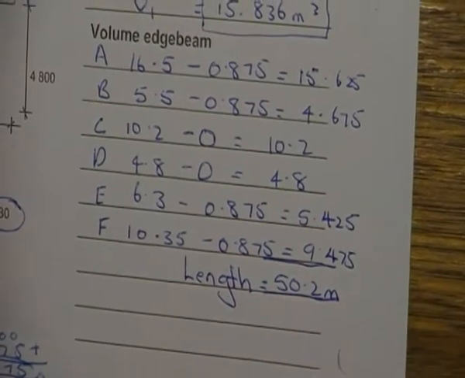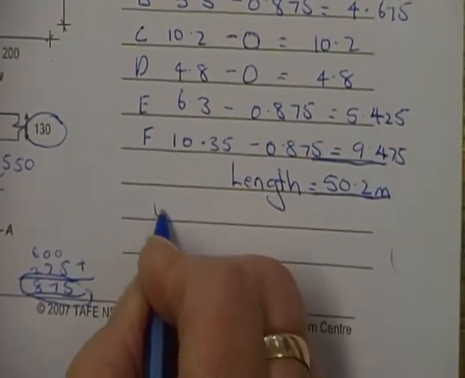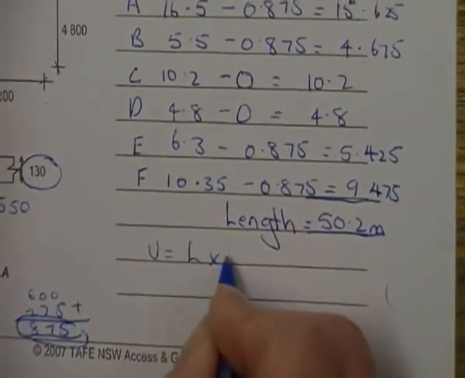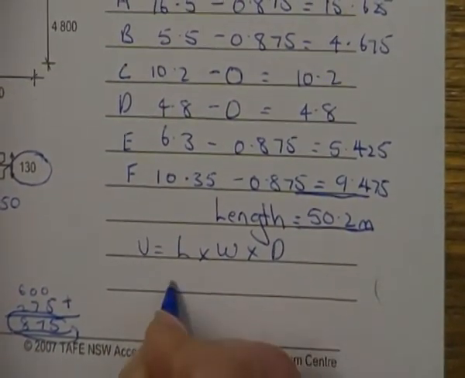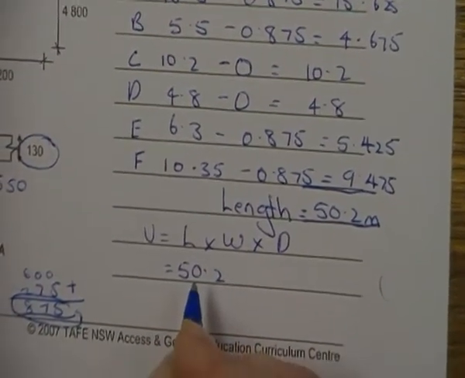That's my length. So we're going to work out our volume. Volume is length times width times depth. My length is 50.2 times the width of the footing.